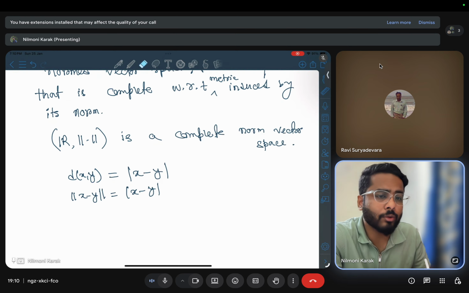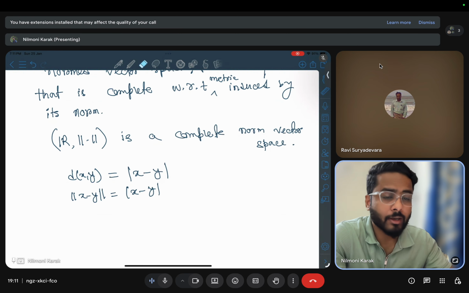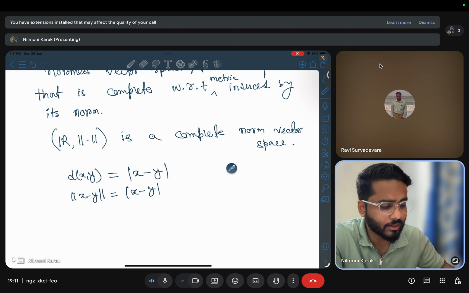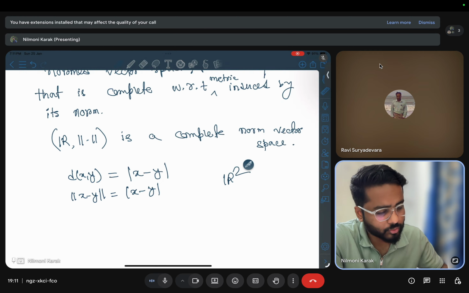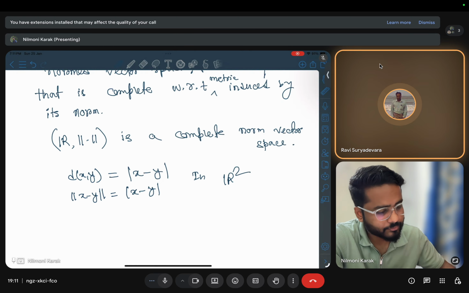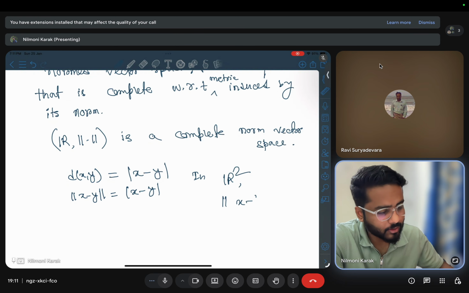But when you study a general case, like a topological space or a metric space, you cannot always measure the length. In R2 you can compute the length, right?